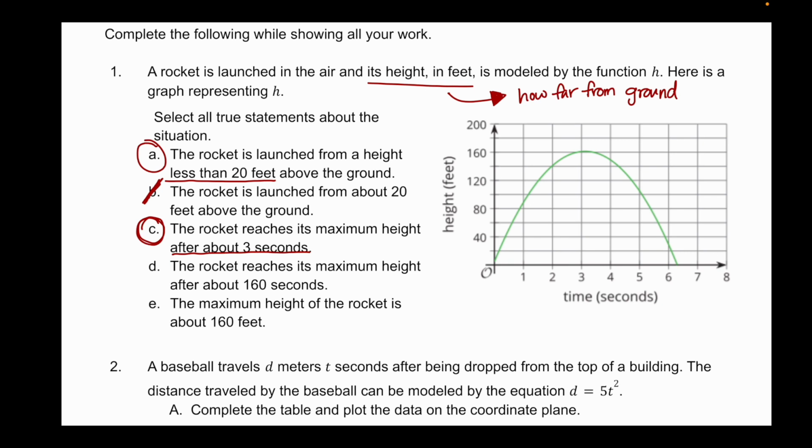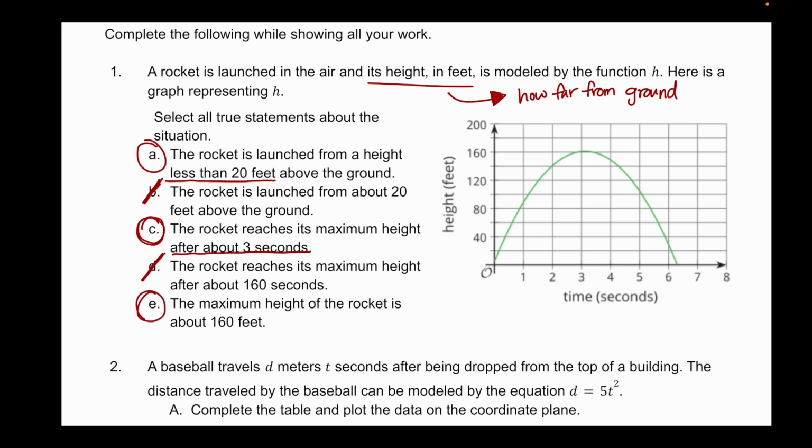The rocket reaches its maximum height after about 160 seconds. Well, 160 is not the time in seconds. That's actually about the height of it. Plus, we already said it's after about 3 seconds, not 160. So not this one, but the very next one says the maximum height of the rocket is about 160 feet.